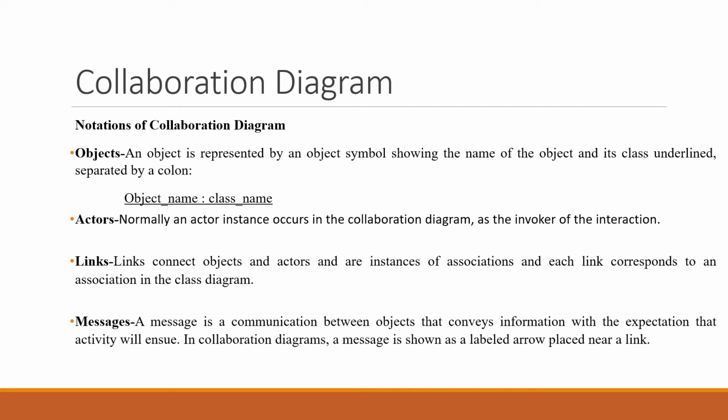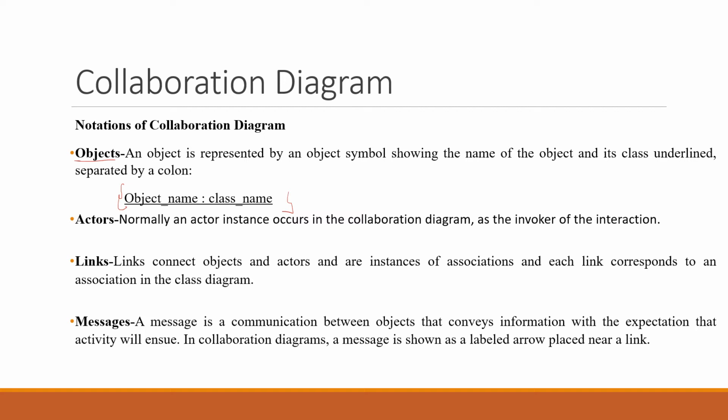So we have various notations to create a diagram. The very first notation is the object, which is represented by an object symbol showing the name of the object and its class, underlined and separated by a colon. This is the syntax for how we define an object name and a class name in a collaboration diagram.